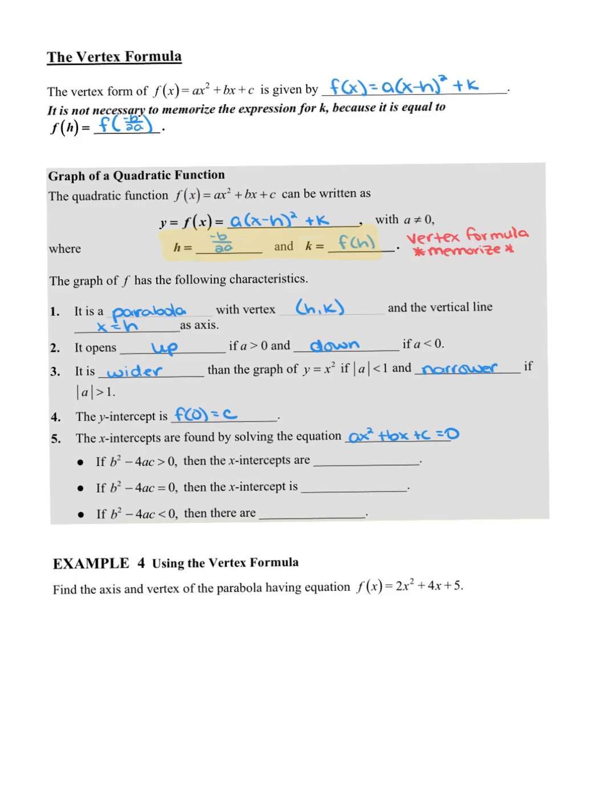If b squared minus 4ac is greater than 0, then the x-intercepts are negative b plus or minus the square root of b squared minus 4ac over 2a comma 0, or you can factor or use completing the square to solve for x.